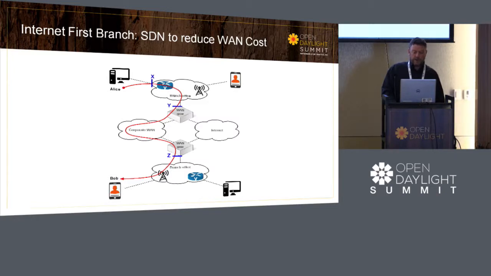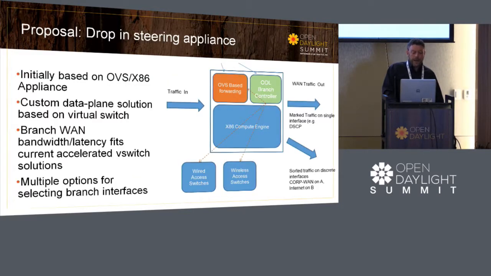So there's somewhere between X, where the access begins in the branch on top, and Y, where the wide area demarc is at the edge of the building. Somewhere in there, we've got to do something to cause this traffic to take the right path, and the same thing when we get to the other side. What we've proposed initially is a drop-in steering appliance that can transparently be inserted into their network.